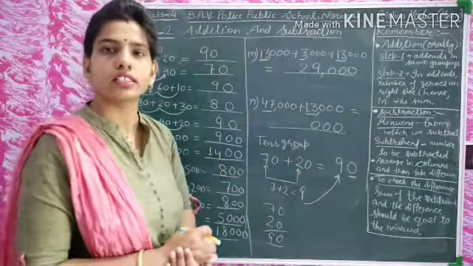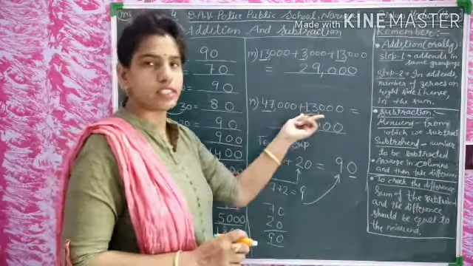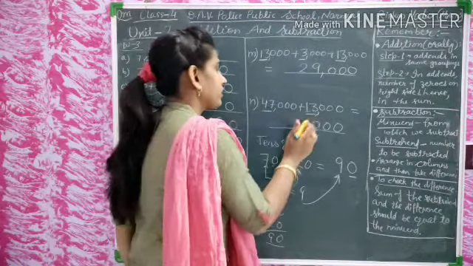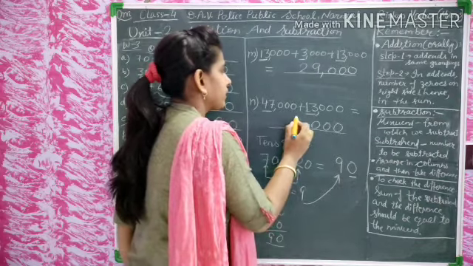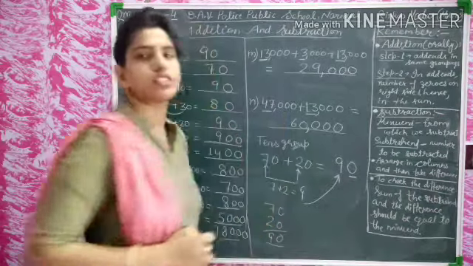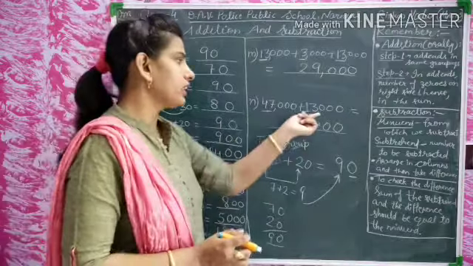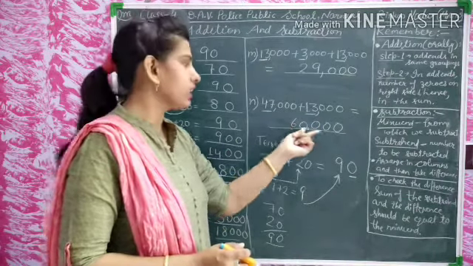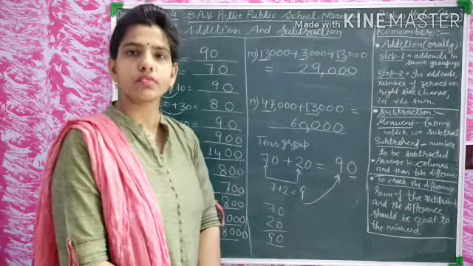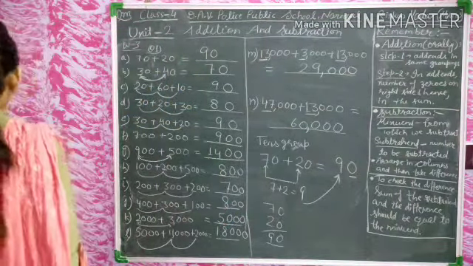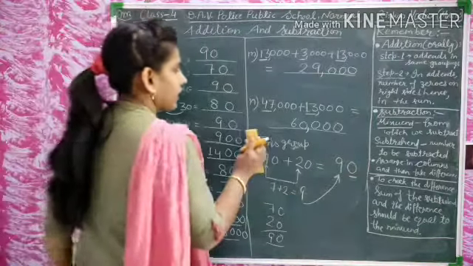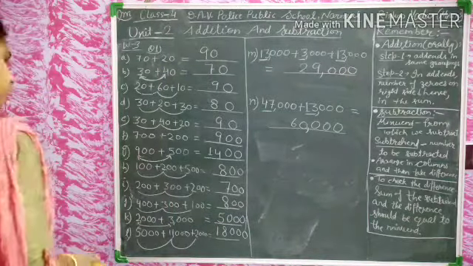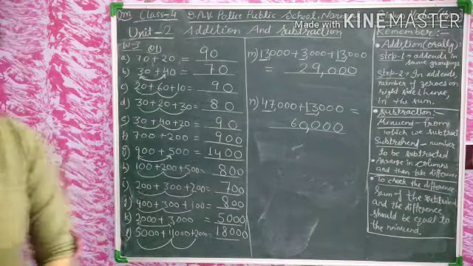Adding both, that equals 60, that is 60,000. Is it clear, students? I hope you have understood all the questions, and now you can solve all the questions easily. Okay, students?